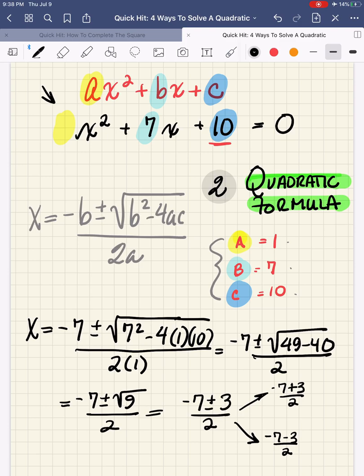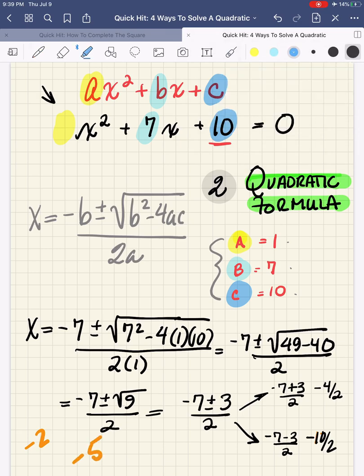When it's plus 3, that becomes negative 4 over 2, and negative 4 over 2 is equal to, drum roll, negative 2. Now, when it's minus 3 here, that's going to become negative 10 over 2, which, drum roll, is going to be negative 5.